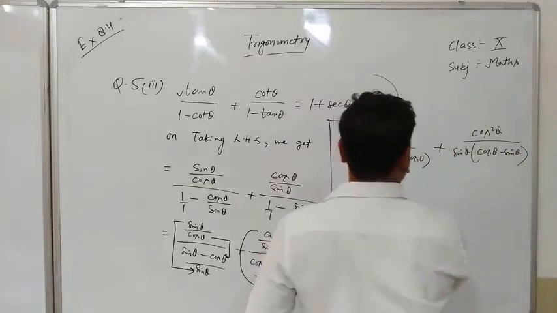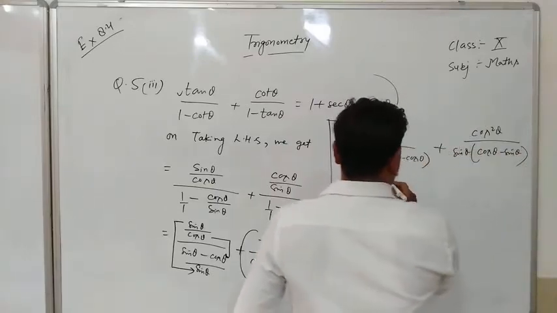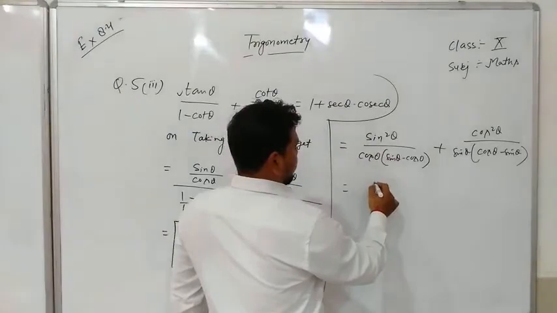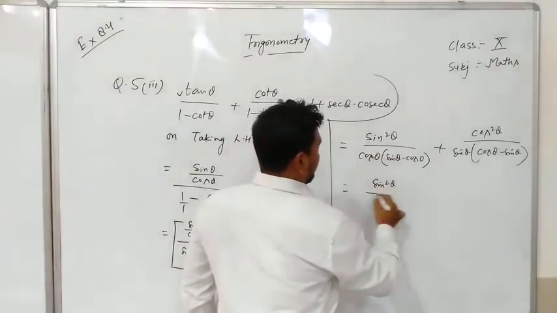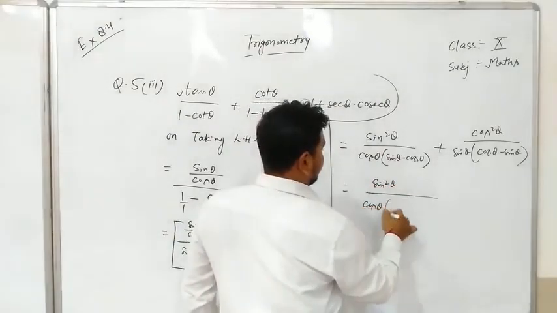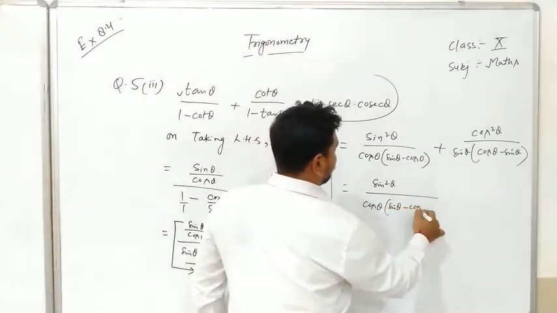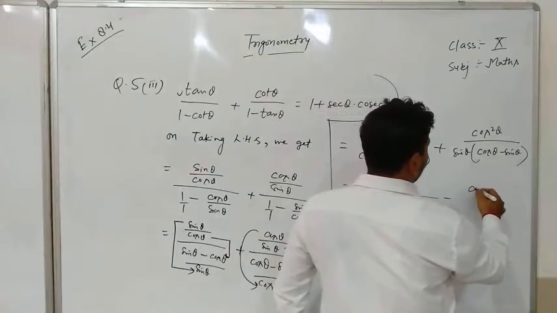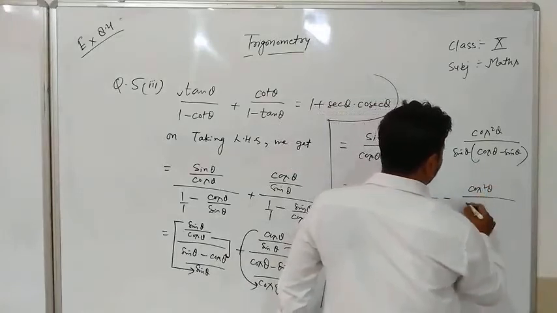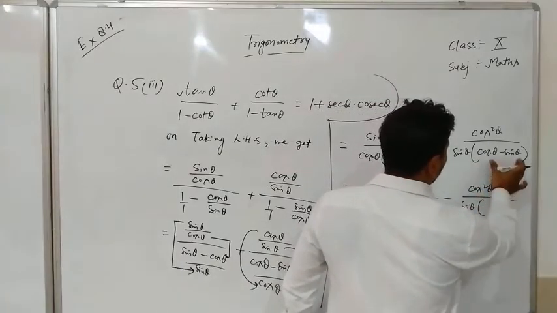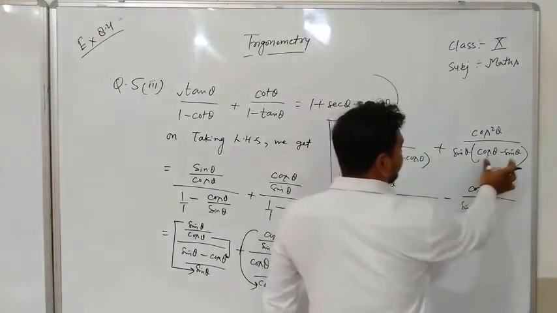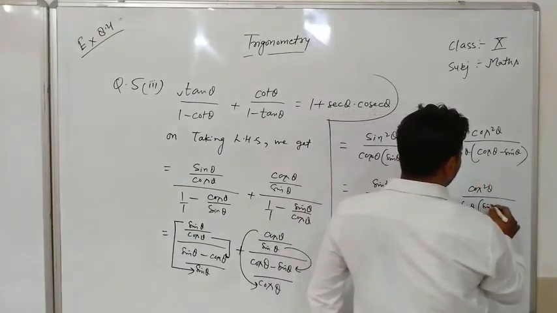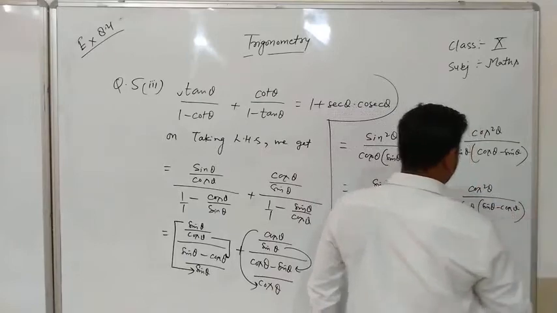Now after this, sin square theta upon cos theta into sin theta minus cos theta, minus, because we will convert these signs, cos square theta upon sin theta into, having changed the sign, sin theta minus cos theta.